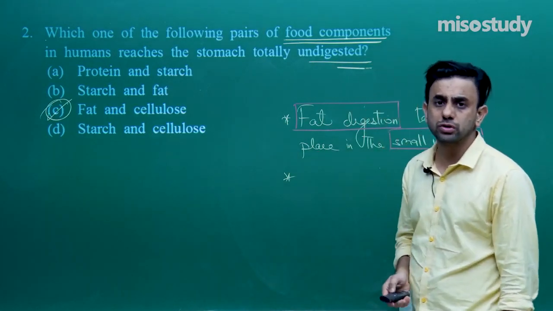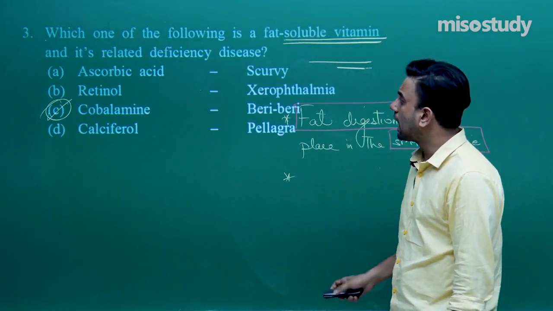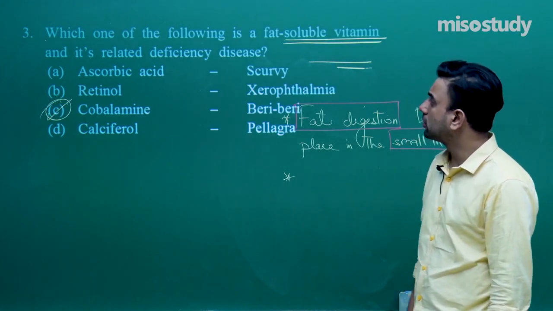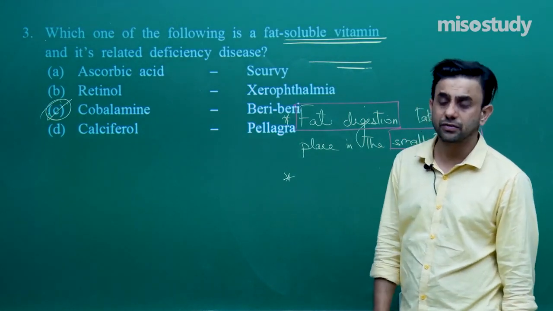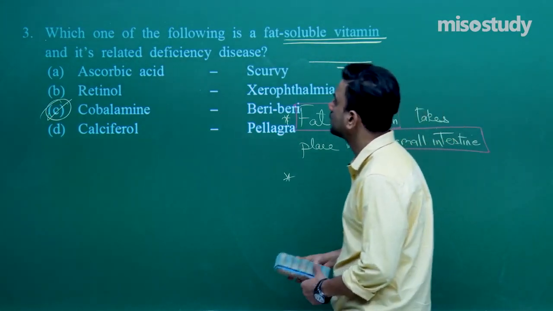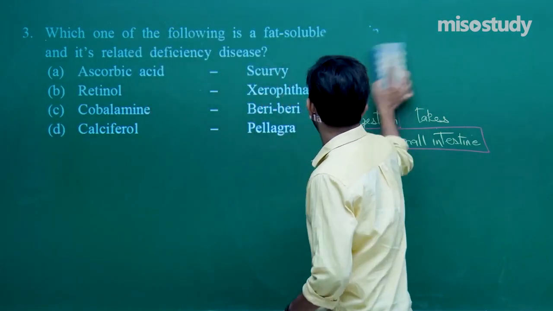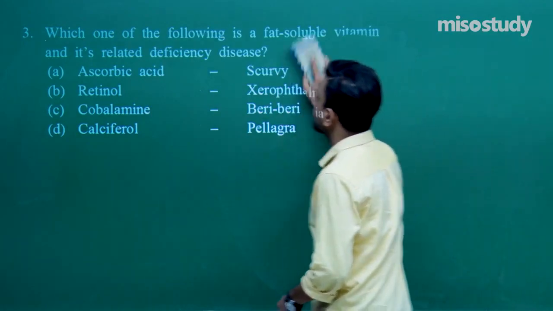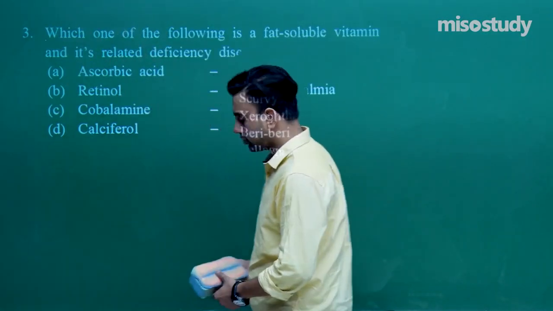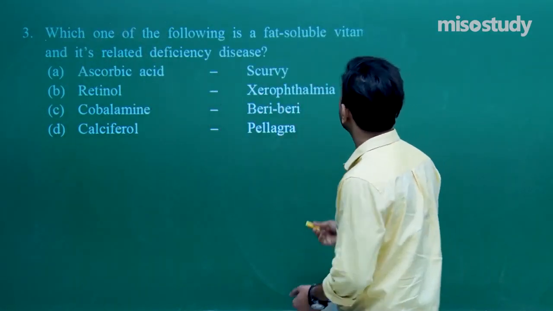So, now we go on to the third question: which one of the following is a fat soluble vitamin and its related deficiency disease.